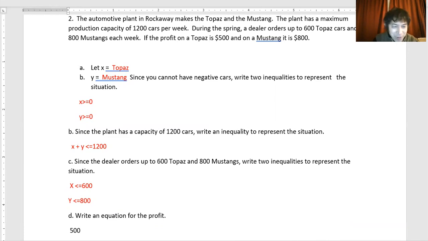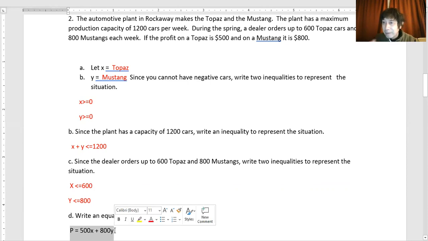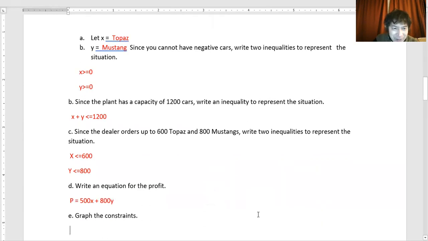So this is 500x plus 800y, and this equates to our capital P. This will be our profit equation. Remember, this is an equation. It doesn't involve the less or greater symbol. This is an equation, and we shall just paint it red. Okay, so that's it.